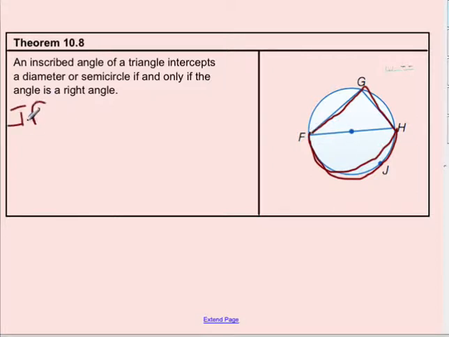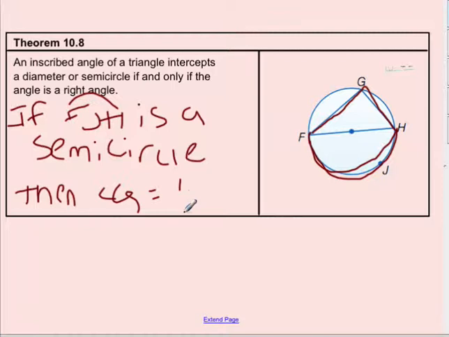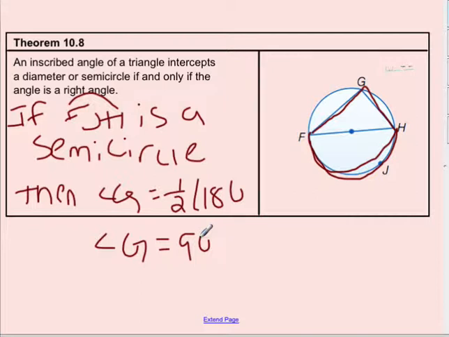So arc FJH is a semicircle, which it is, because it spans the diameter. So the intercepting arc is 180 degrees. Then angle G is equal to 1/2 of 180, or 90. So this right here is a right angle.